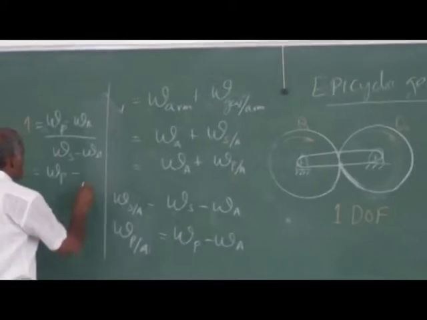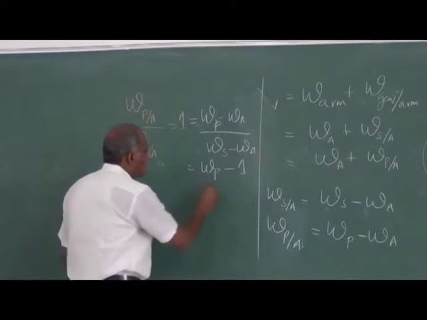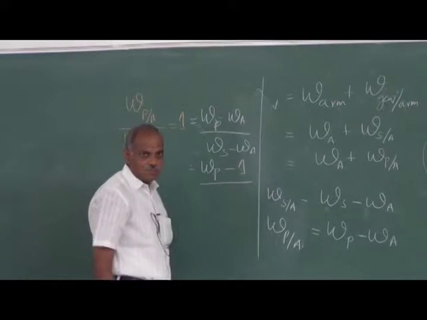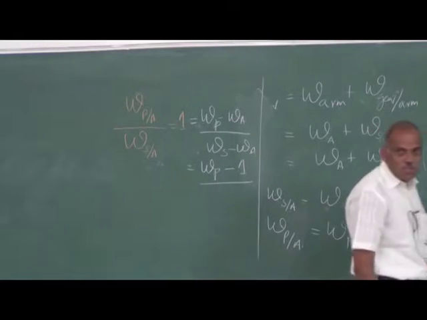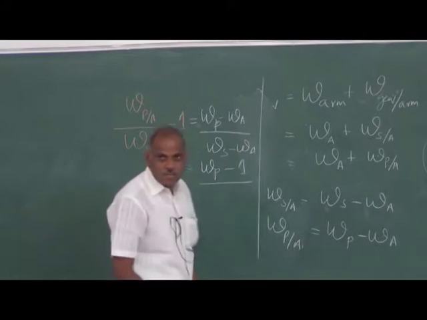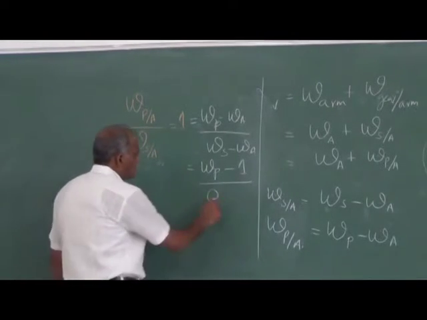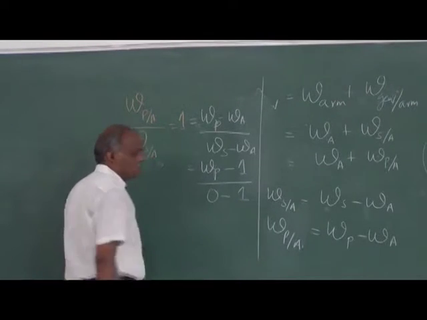Let me take that as 1 revolution per minute for this example, minus omega of the sun. The sun is the central gear, it was held, it was not rotating, so it will have 0 angular velocity, minus omega A, which is 1.